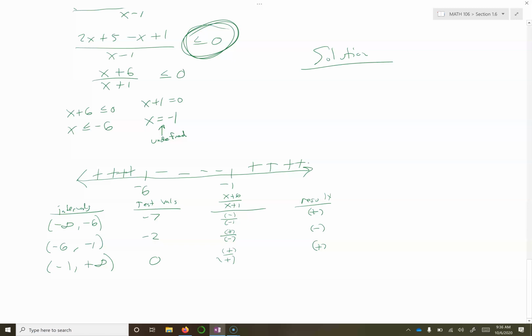Do we want a square bracket on the 6 or a parenthesis? With less than or equal to 0, do we want a square bracket or a parenthesis? All right, we want a square bracket on the 6. But how about for the -1? Square bracket or parenthesis?